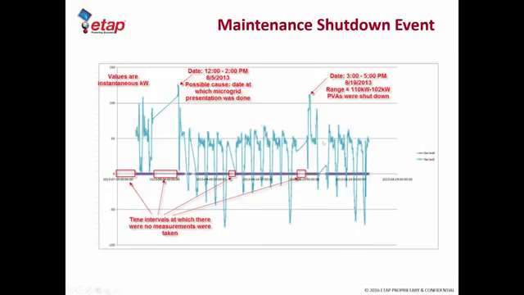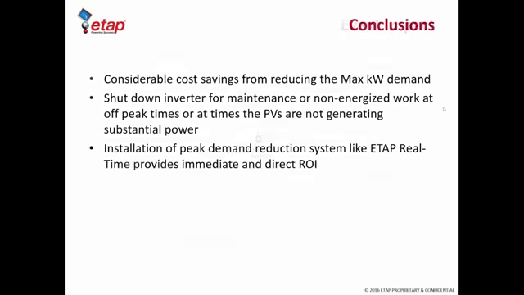So this again justifies the need to actually have a controller in the system that can quickly correct for this situation and not allow the peak demand to continue to a higher level, because there could be additional load coming on at this time that could have taken this peak demand further into the 130, 140 kilowatt range.